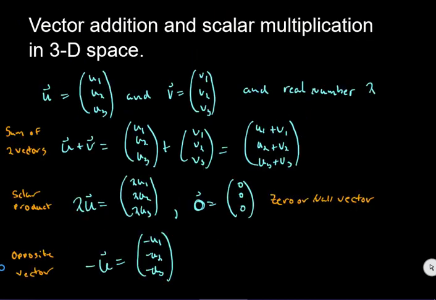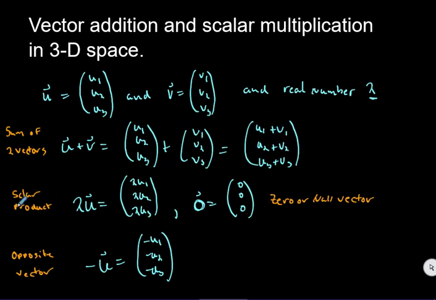Now, let's go ahead and look at vector addition and scalar multiplication in 3D space. This is just the same as 2D. If you have two three-dimensional vectors, U with components u1, u2, u3, and vector V with v1, v2, v3, and a real number lambda, the sum of the two vectors, U plus V, in component form is these two vectors added together, and you can write them as one vector, just like we did in 2D.